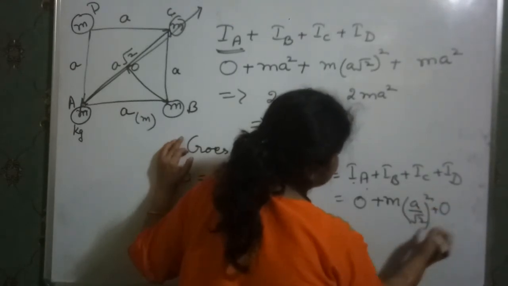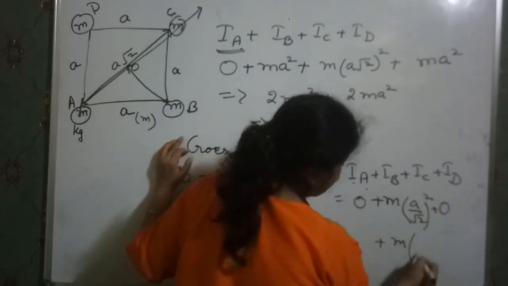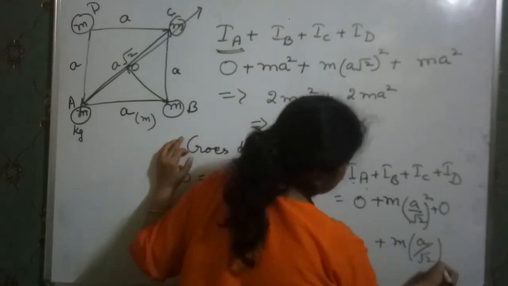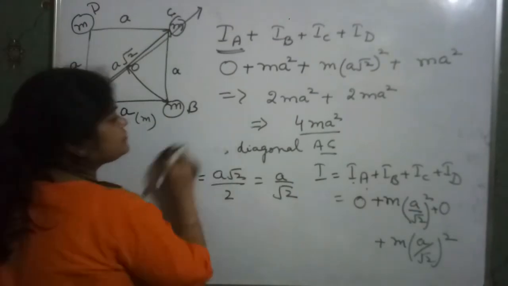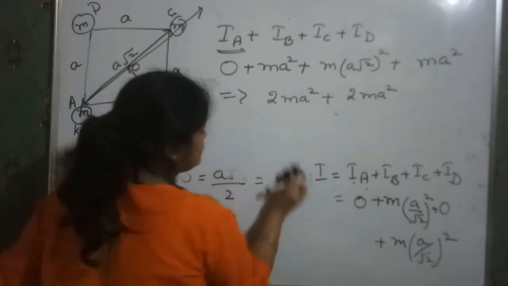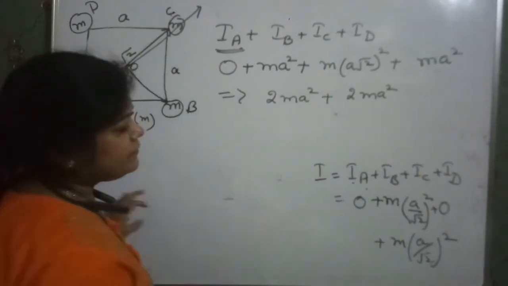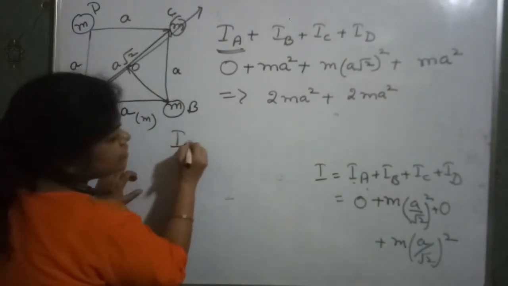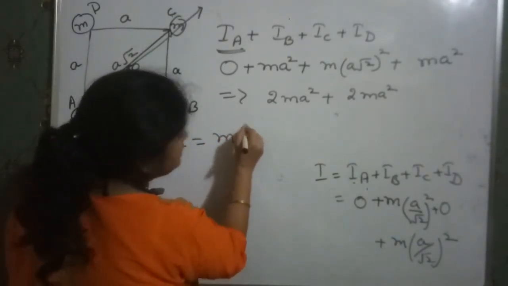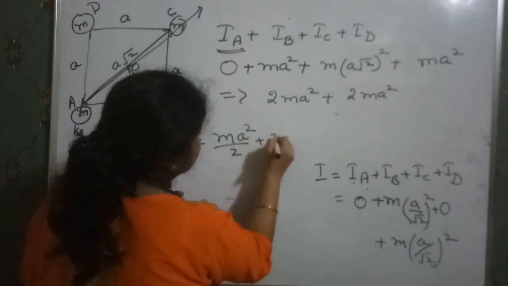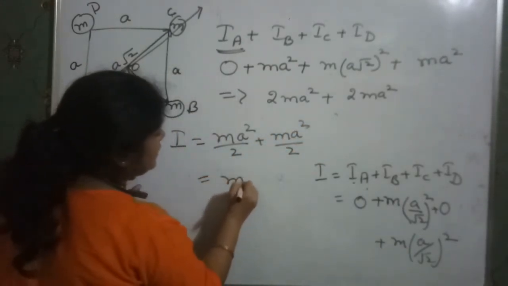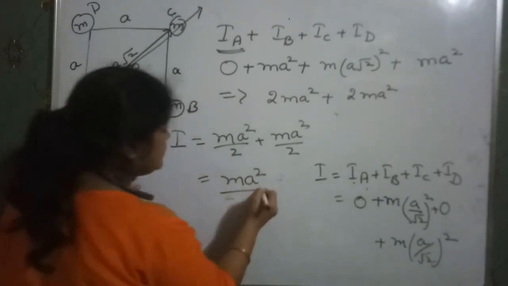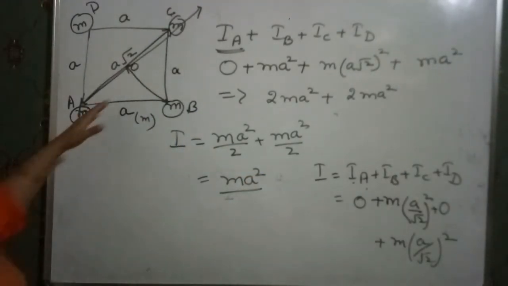For IC we have 0, and for ID again we have M a by root 2 whole squared. So we have the total moment of inertia equal to Ma squared upon 2 plus Ma squared upon 2. So we have Ma squared. Clear? So that is when the axis of rotation goes along the diagonal.